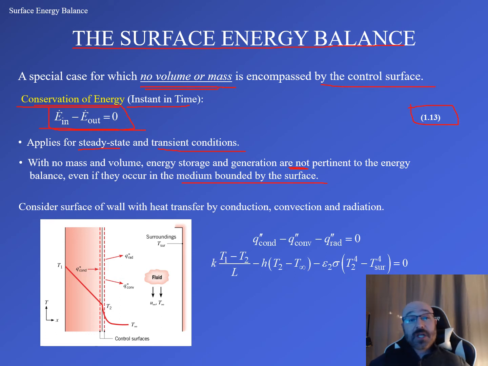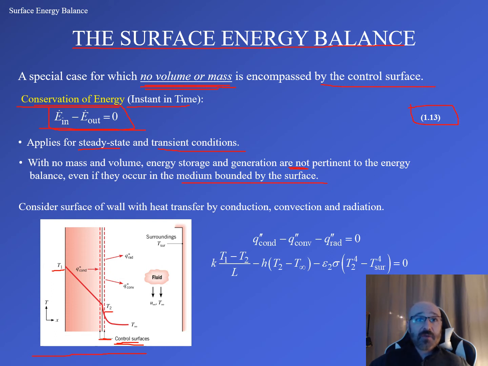So as we take a look down here at our diagram, we can see our control surface right down here. And this is a control surface with no volume or mass. So we can see it's just these two dotted lines that represent that, with no mass or volume associated with it. And now we have this diagram here. So we have our surface, our temperature over here, our T1. Our temperature at this point on the other side of our control surface is T2 right there.